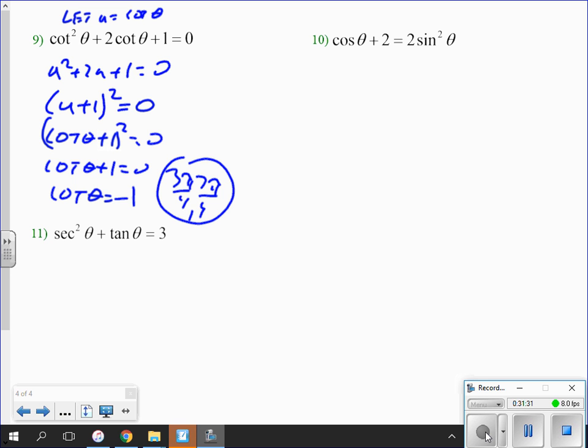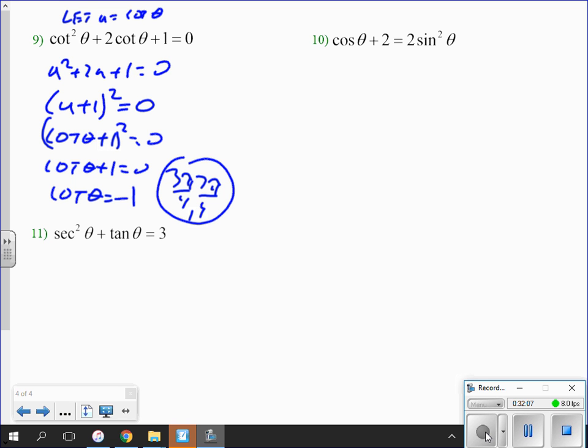Now the next one's a little bit harder, because although I do have a quadratic in there because I've got sine squared, I have sine squared and I have cosine. I do not have the same object, so I don't technically have a quadratic as it stands now. So what we need to do is a substitution. We need to go back to the Pythagorean identity.